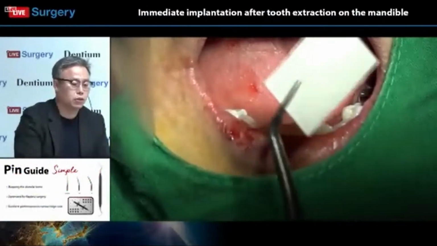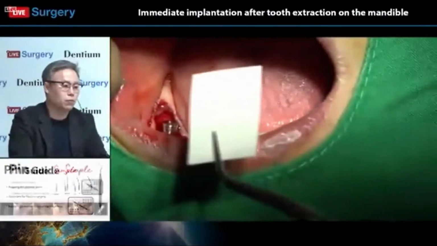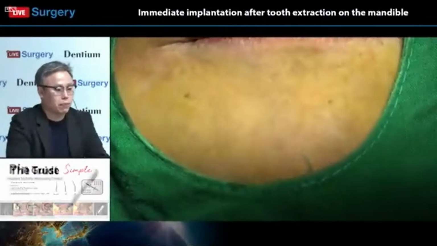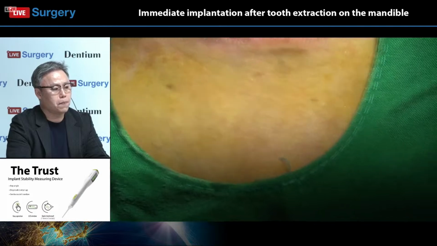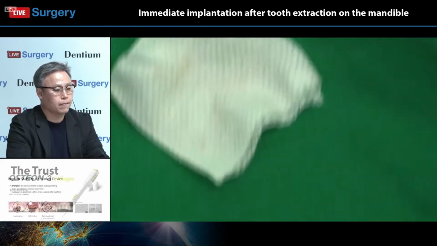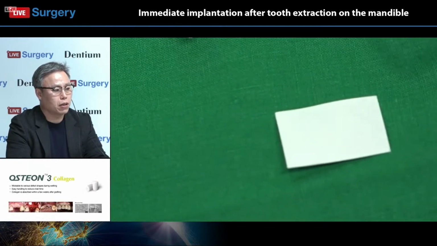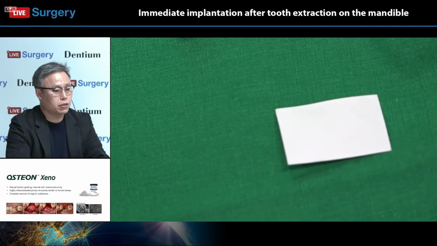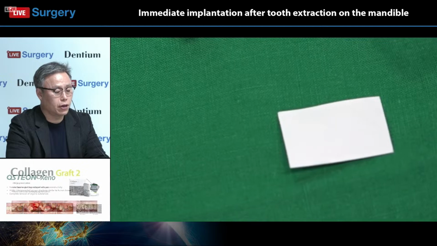And also he is using a collagen membrane, the Dentium collagen membrane, a resorbable membrane, and trimming it. The trimming procedure is very important.